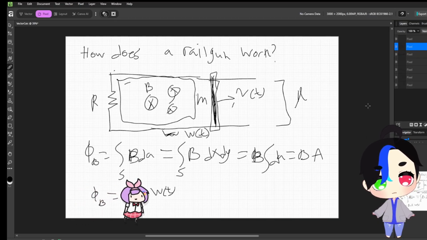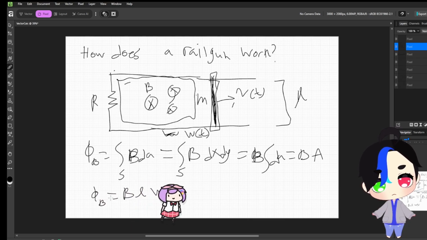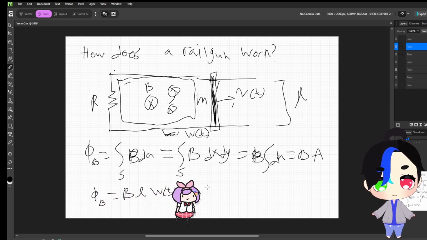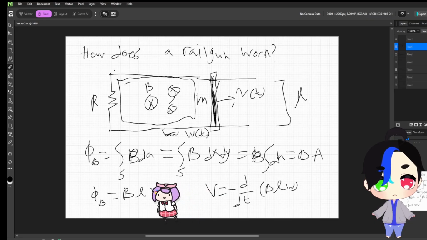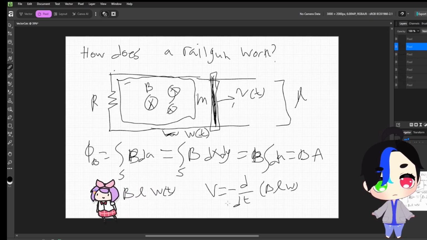All right. Now we can plug this into Lenz's law. The induced voltage is going to be negative the derivative with respect to time of B L W. The magnetic field and L are constant, so we can take them out of the derivative.